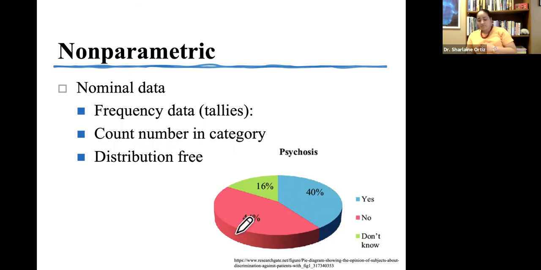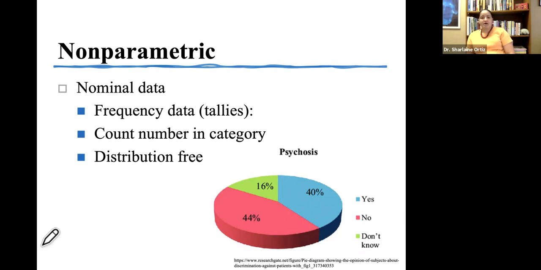Now, this illustration that I am showing you here is based on this study. This study attempted to look into the stigma that subjects may have towards a patient with depression or psychosis. The sample here were healthcare students, so nursing students and things of that nature.